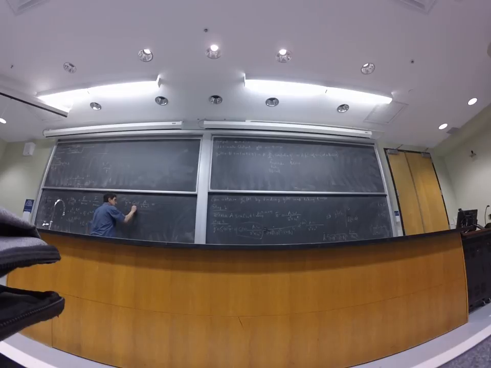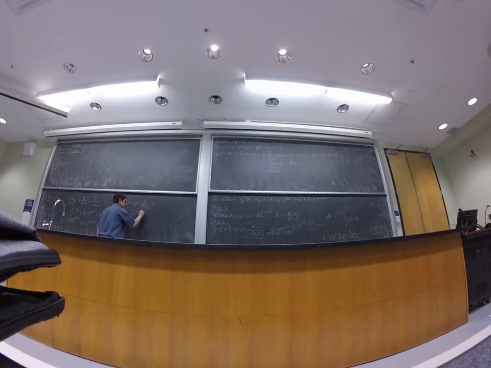Let's say G is G without d of s times e to the minus ds. Rewrite G like that. So Y prime bar is G without the d part, times e to the minus ds, times A over s squared plus omega squared.